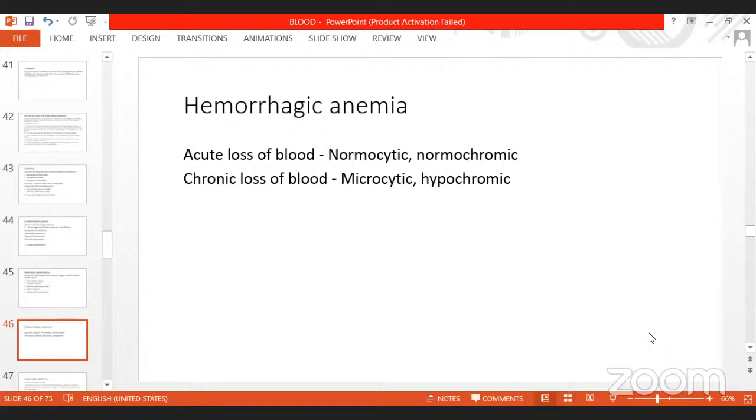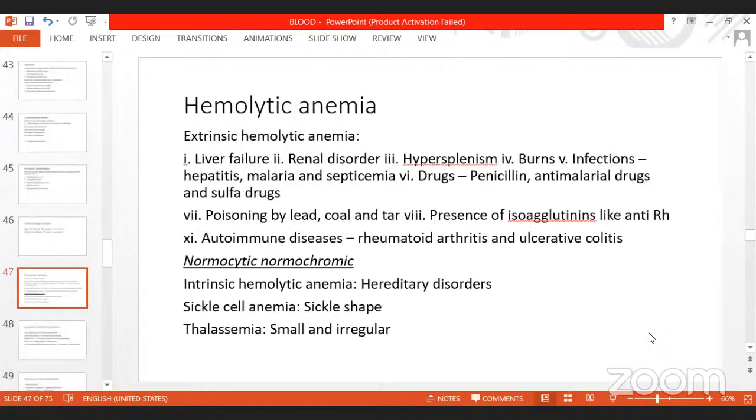Microcytic hypochromic. And hemolytic anemia, like extrinsic hemolytic anemia, like during liver failure, renal disorders, or poisons or isoagglutinins or autoimmune diseases. During all these conditions, we will get normocytic normochromic cells.